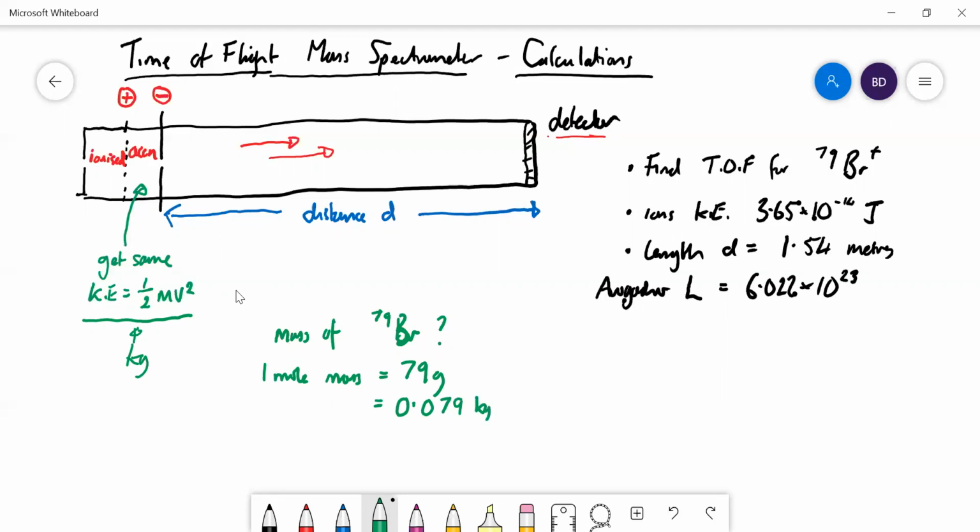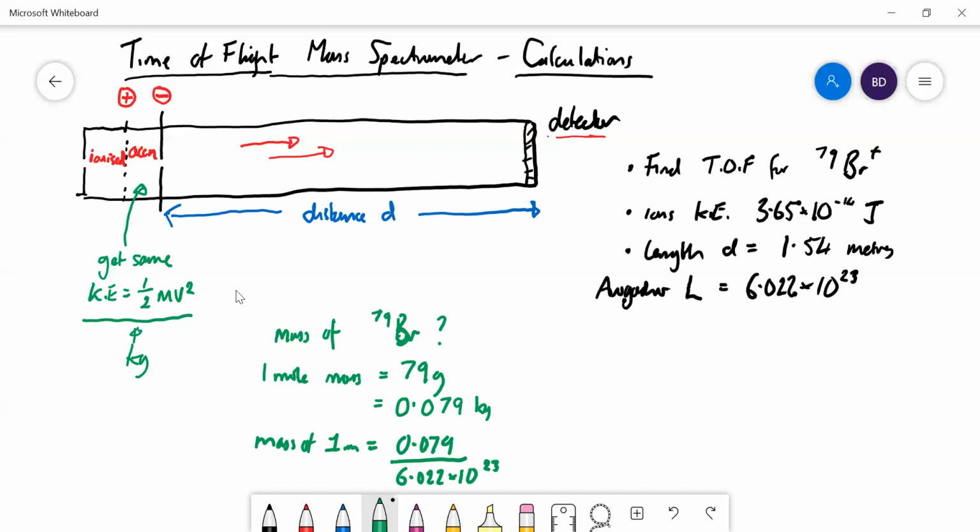And of course, we need to find the mass of one of those. So the mass of one ion is equal to 0.079 over the Avogadro number, 6.022 times 10 to the 23. I'll do that on my calculator.